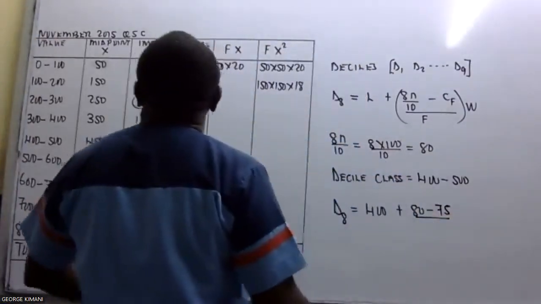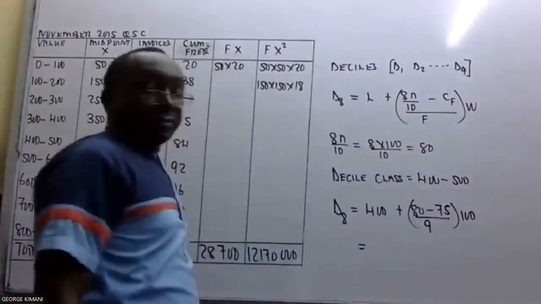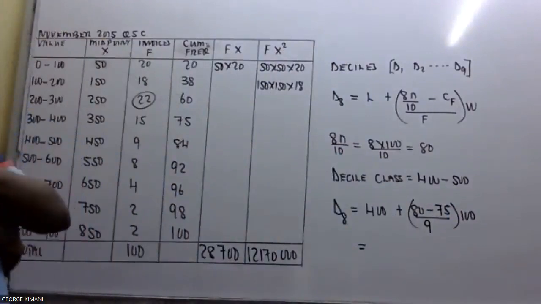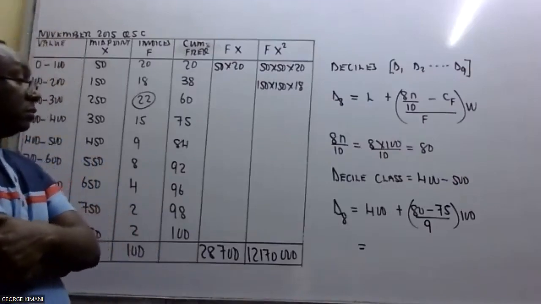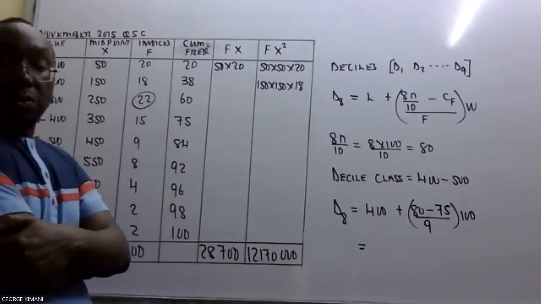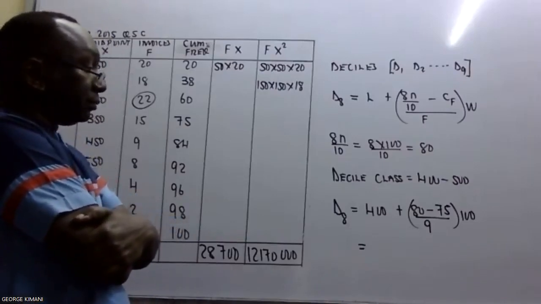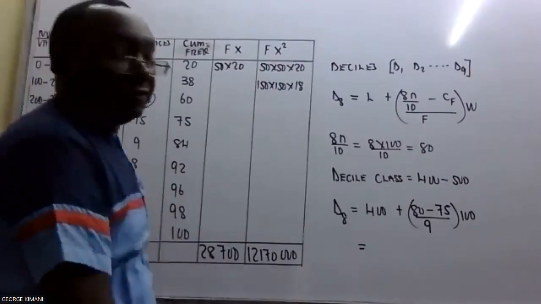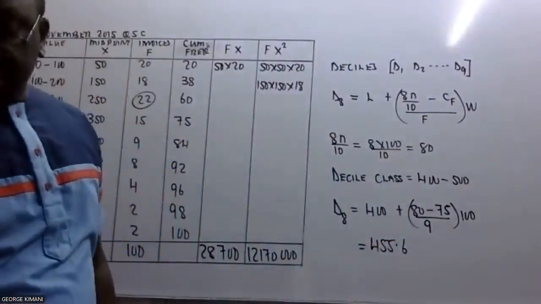And the frequency of that class is 9. And the width is 100. The width is 100. 455.6.